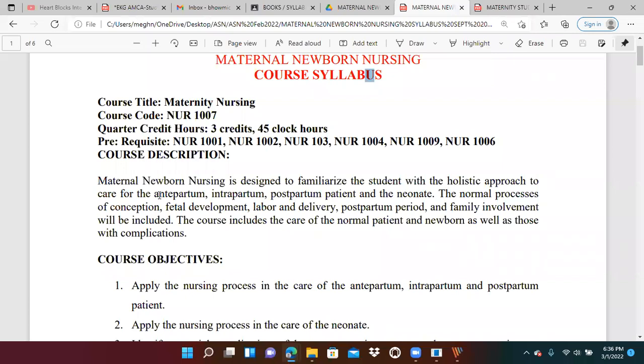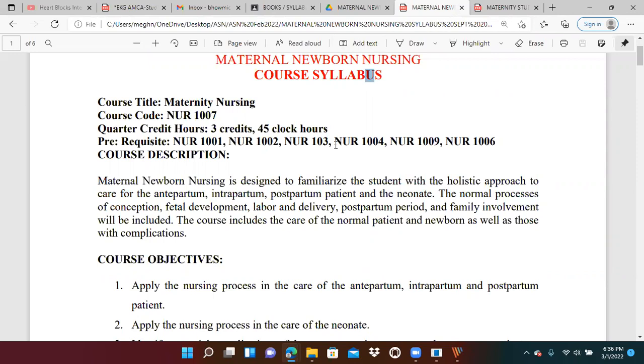Gynecology means the female diseases related to the uterus, ovaries, cervix, right? Or any kind of menstrual abnormalities or genital organ cancer. But obstetrics means dealing with the delivery.